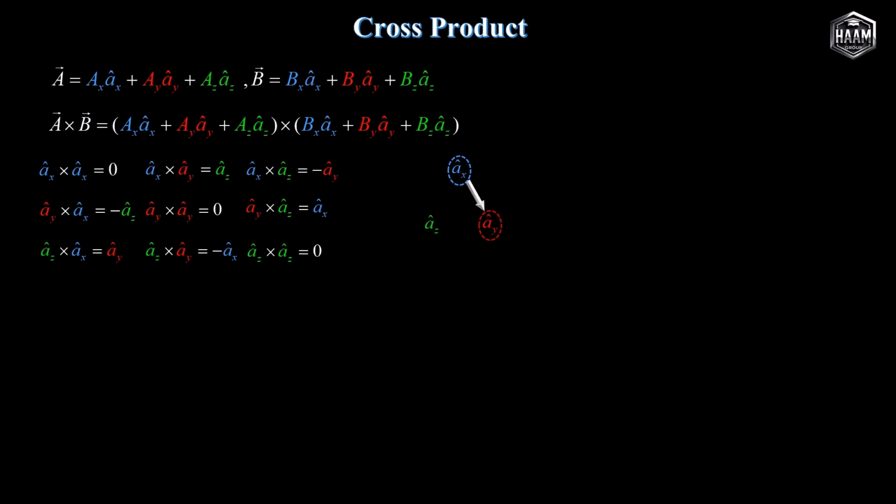A hat sub x cross a hat sub y results in a hat sub z. A hat sub y cross a hat sub z equals a hat sub x, and a hat sub z cross a hat sub x equals a hat sub y.